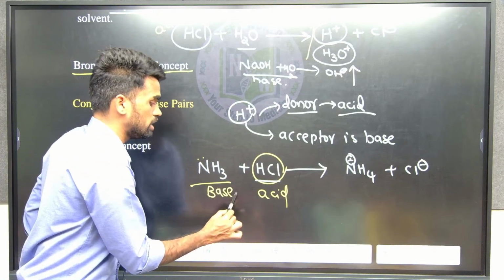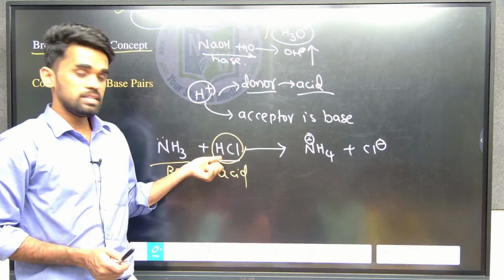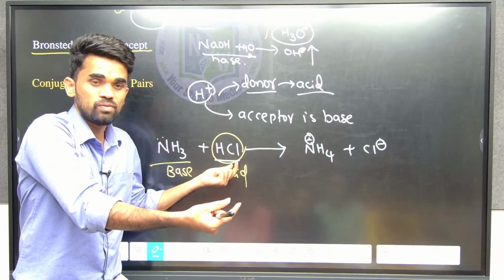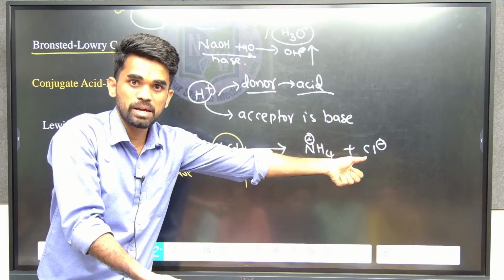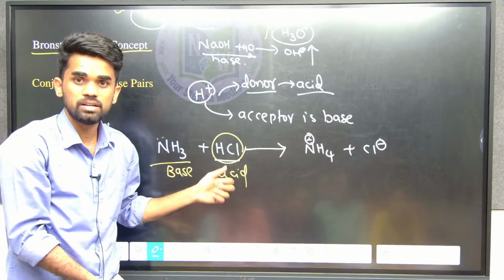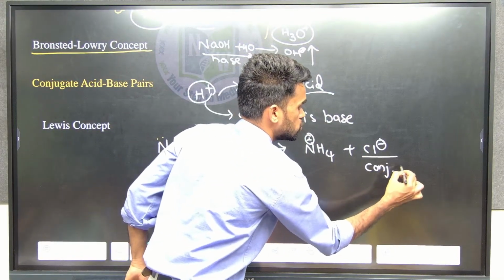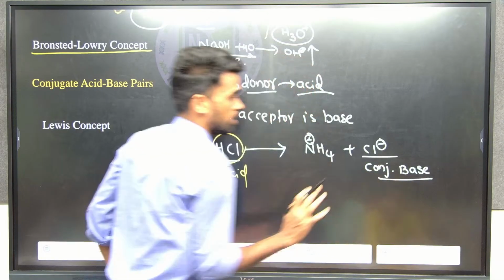Now not only this, after understanding this, see this acid after releasing H plus ion, what is the thing formed out of it? Cl minus. So Cl minus comes from the acid now. That ion should be called the conjugate base. Try to understand this EAPCET favorite topic.